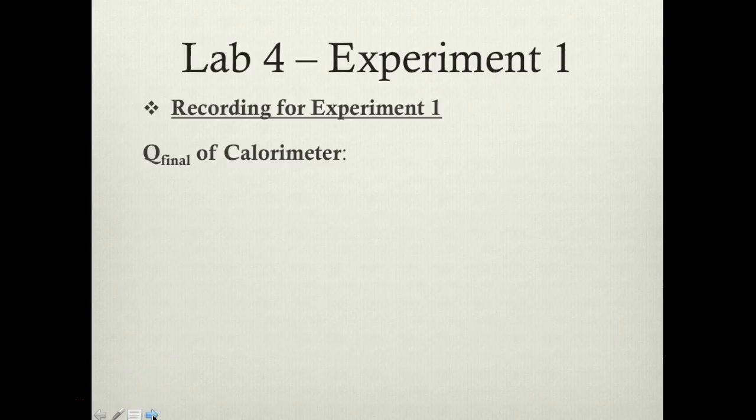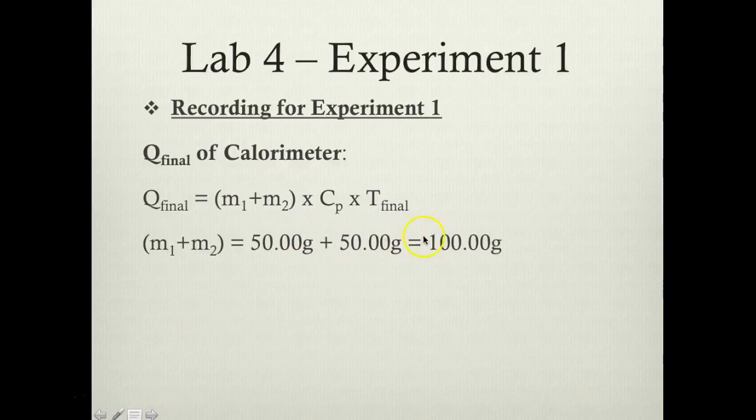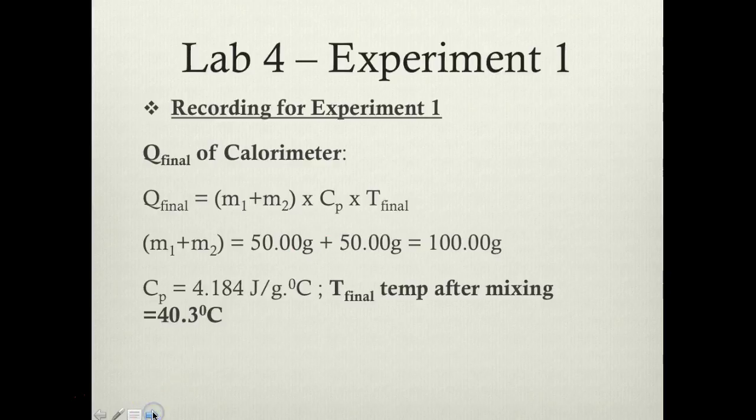So the final heat of the calorimeter is going to be the total mass, since you mixed both of those waters. So 50 plus 50, that's 100 grams, times again the specific heat, which is 4.184, and then the final temperature after the mixing, which was 40.3.